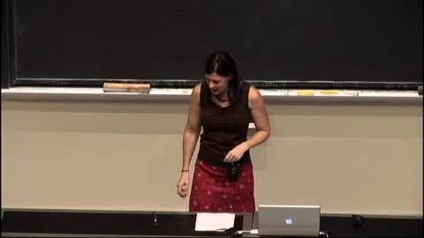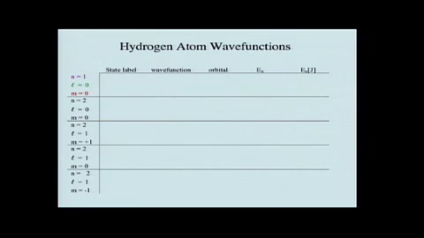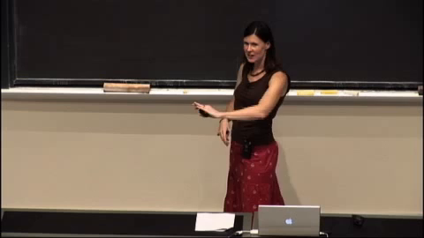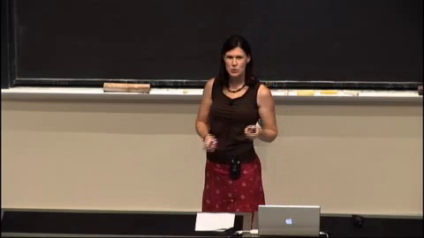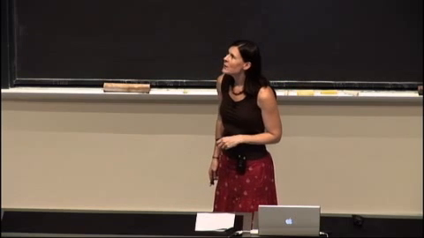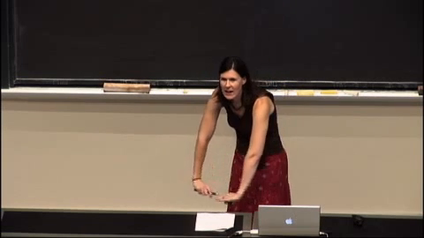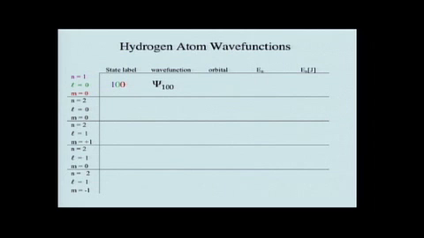All right, so let's look at some of these wave functions and make sure that we know how to name all of them in terms of orbitals and not just in terms of their numbers. Once we can do that, we can go on and say, okay, what actually is a wave function? But first, we need to know how to describe which ones we're talking about. So we saw that our lowest, our ground state wave function is 1, 0, 0. We write it as the wave function psi 1, 0, 0.